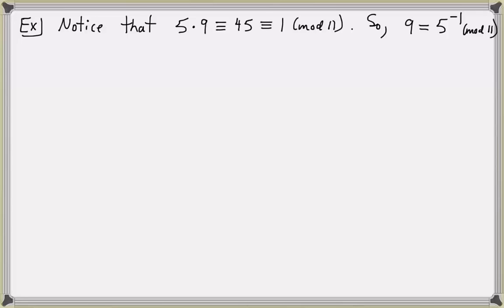So suppose we had a congruence like 5x is congruent to 7 mod 11, and I know that 9 is the inverse of 5 mod 11, so I'm going to multiply both sides of this expression by 9.